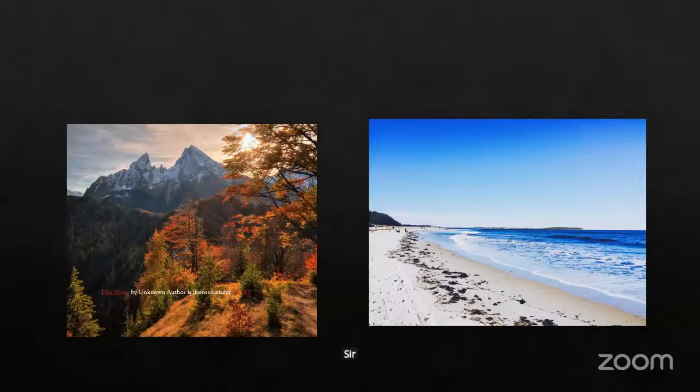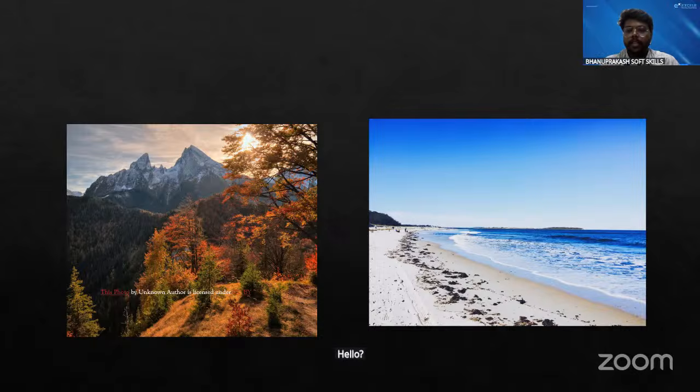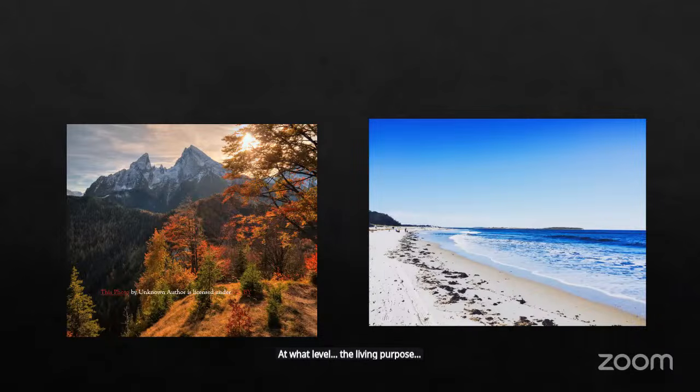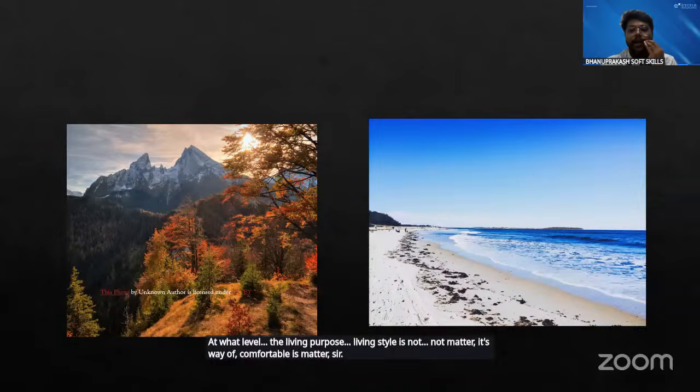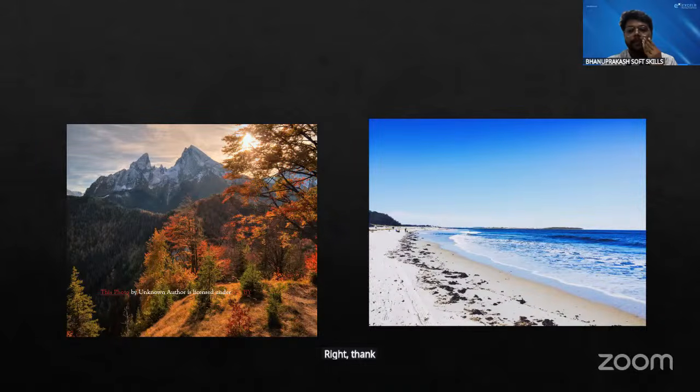Sir, in hilly areas and also sea areas, everyone's life has its own perspectives. At whatever level, the living purpose and living style do not matter. Its way of being comfortable is what matters, sir. Right. Thank you.